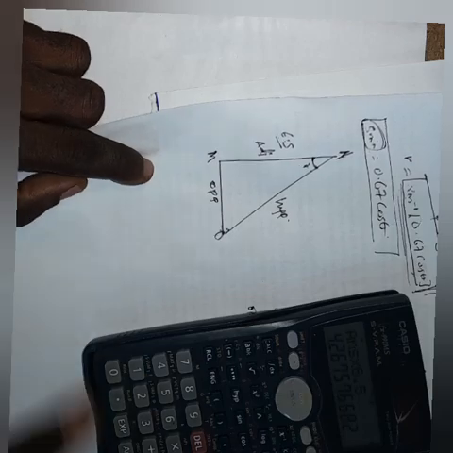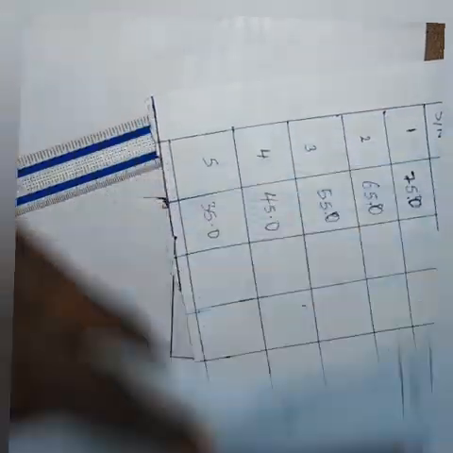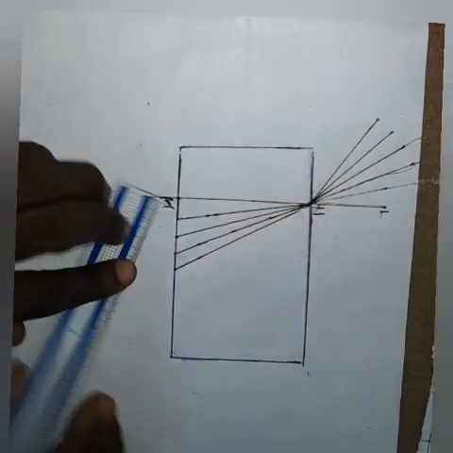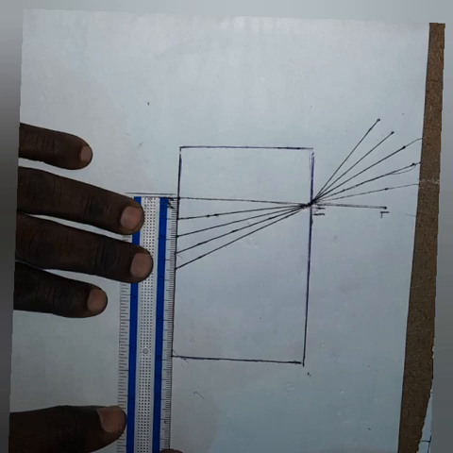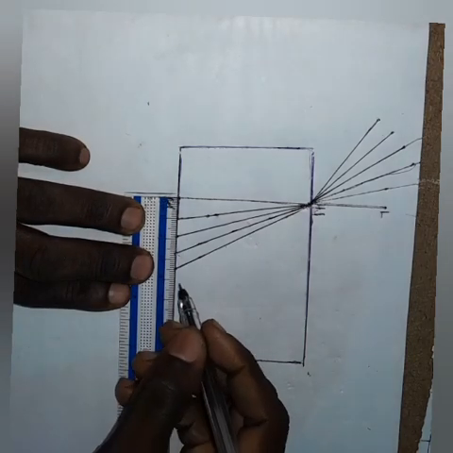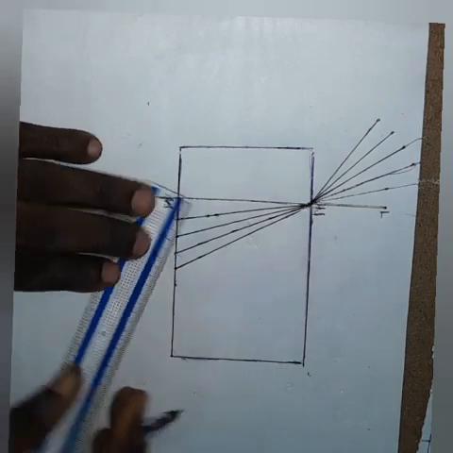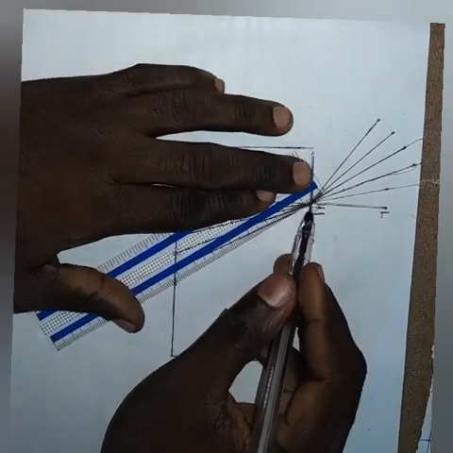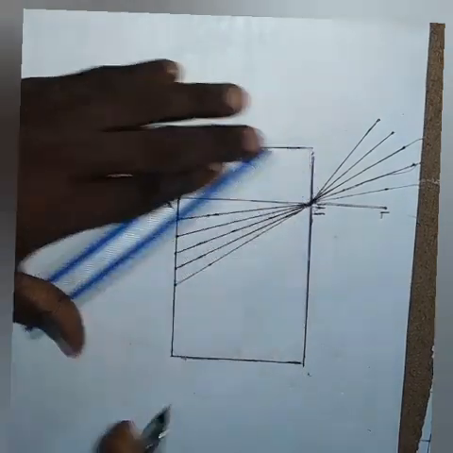That's going to give me 4.26. So I'm going to take that to 4.3. So I'll come to this place, put it here, and I'm going to measure 4.3. So I'll come to this place and draw it through this place.